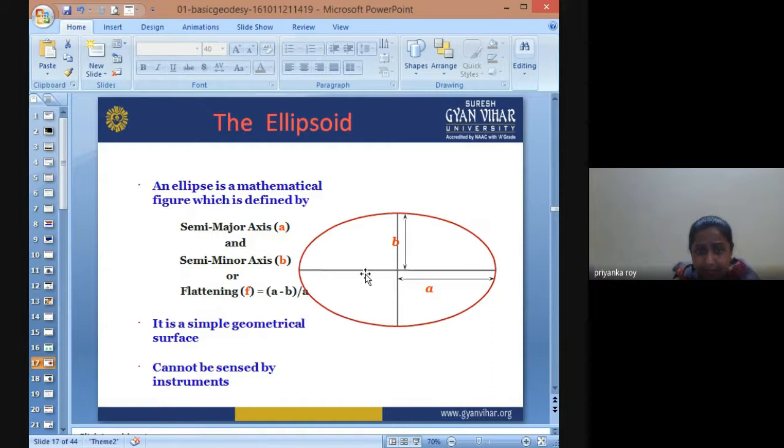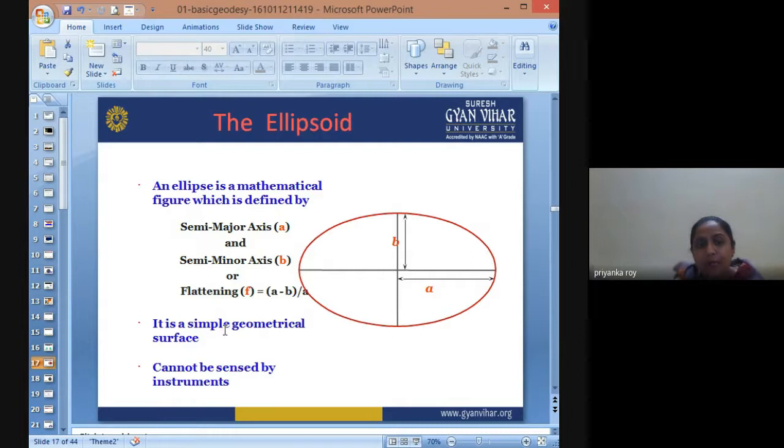The semi-major axis comes from the center to here, and the semi-minor axis is from the center towards the pole. Also, the Earth is not smooth like the circle shown here; it has depressions and elevations.